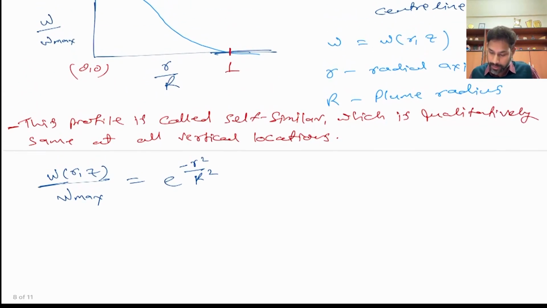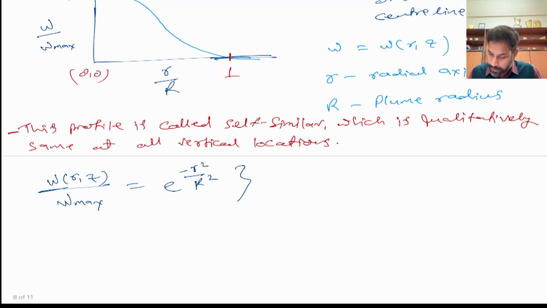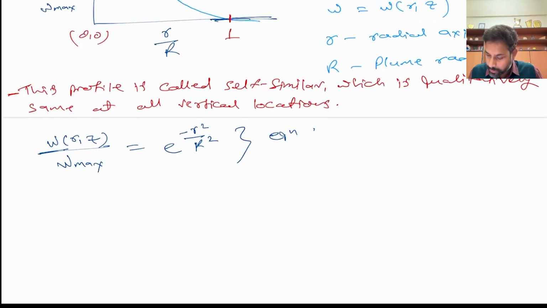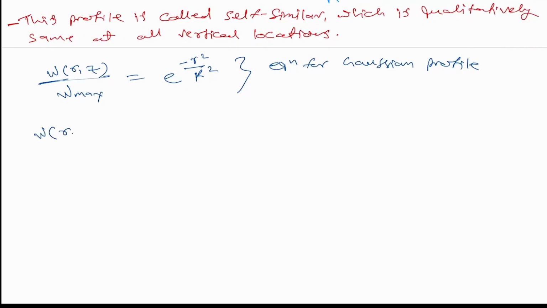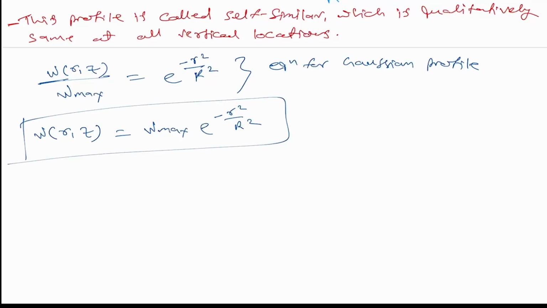Okay, and this is equation for Gaussian profile. Okay, where for now, so this actually would give us w max as e to the power minus r square by capital R square. So this is the equation we want, right?